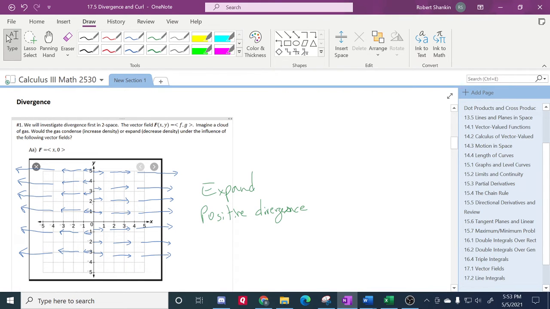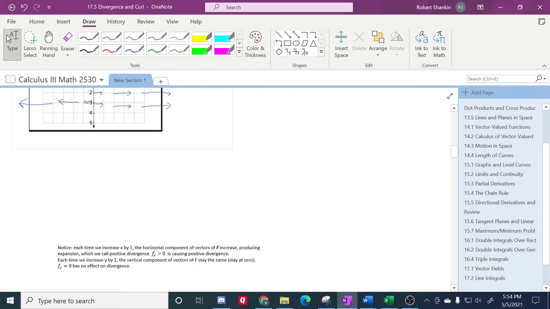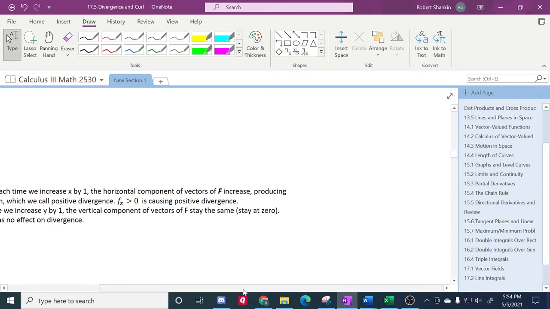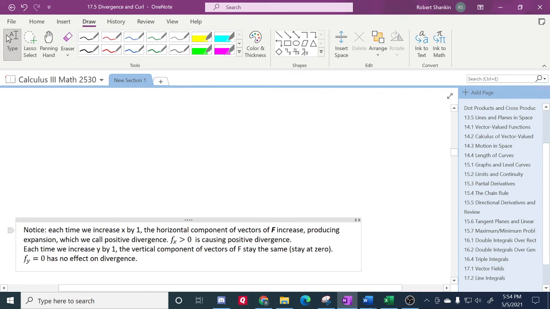All right, let's go to this next one. Oh, before we go to the next one, notice each time we increase x by 1, the horizontal component of the vectors of F increases, producing expansion, which we call positive divergence.